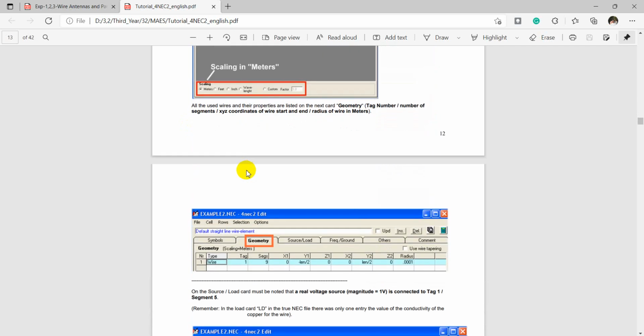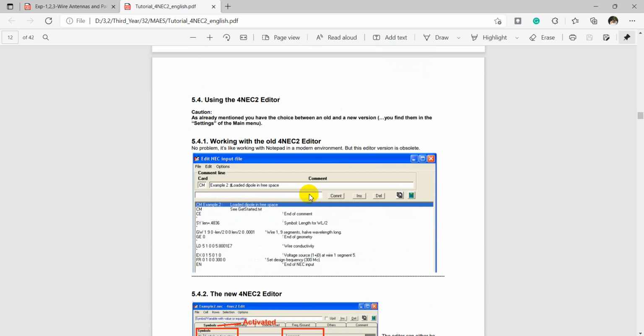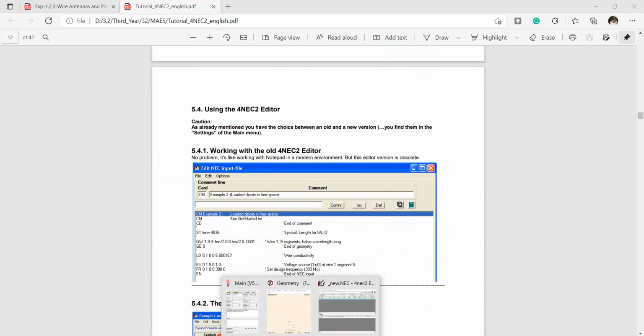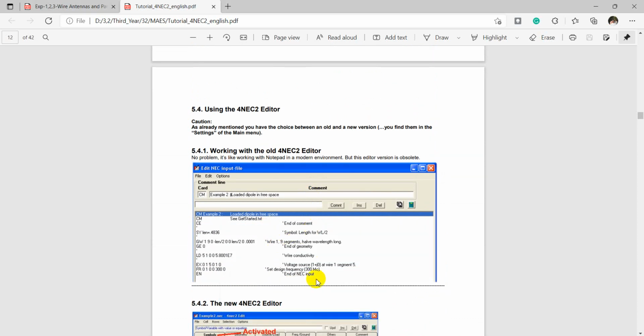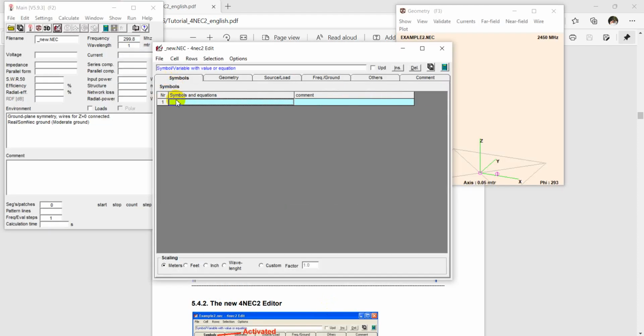We are designing according to this indication. At first you have to put the value in the symbol or variable part, which helps us change the value at any time for the length section.